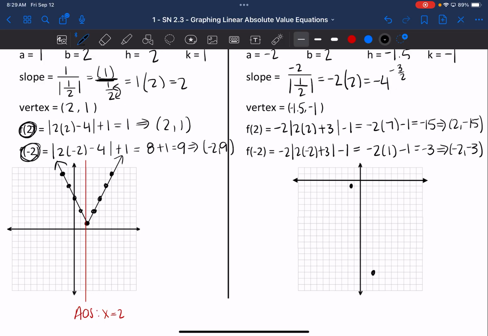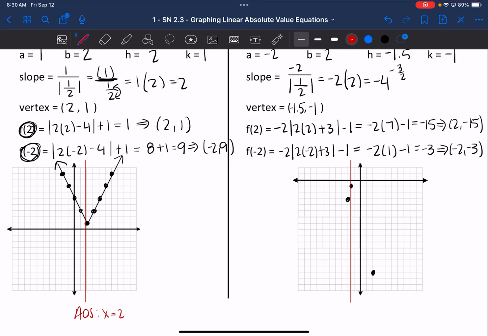So all the way down here. And then we also have a point at negative 2, negative 3. All right, and where is our axis of symmetry this time? Negative 1.5, right? So right through that vertex.